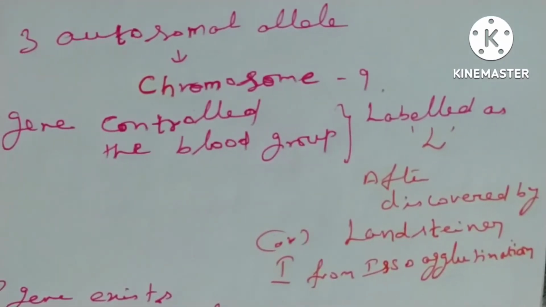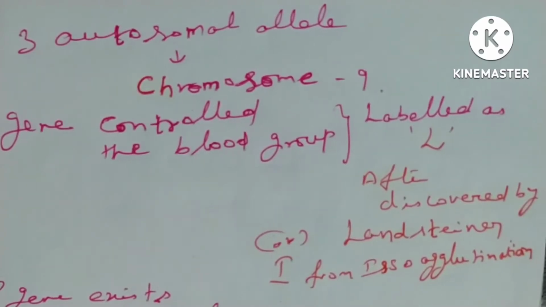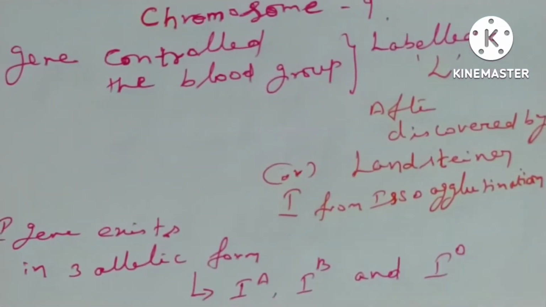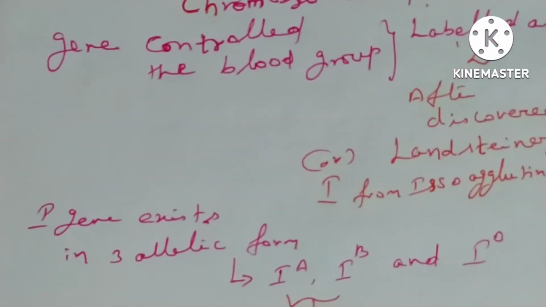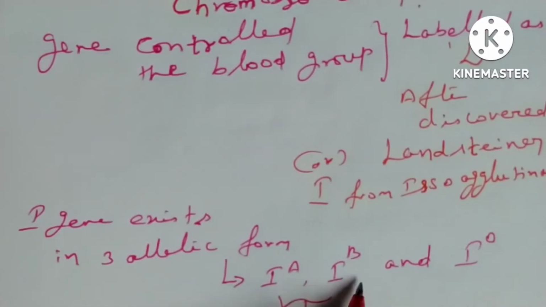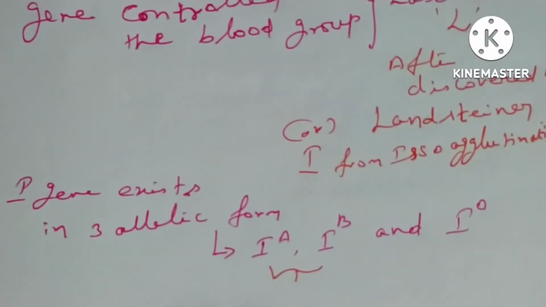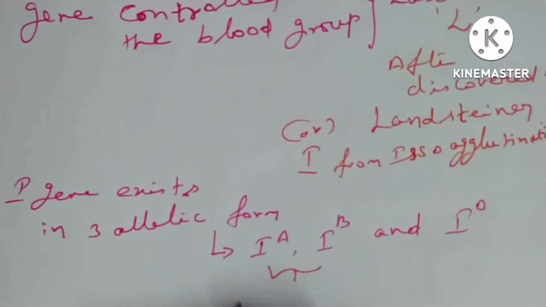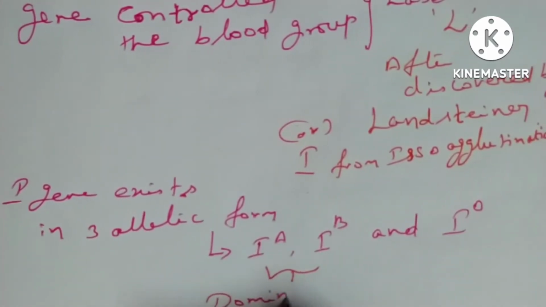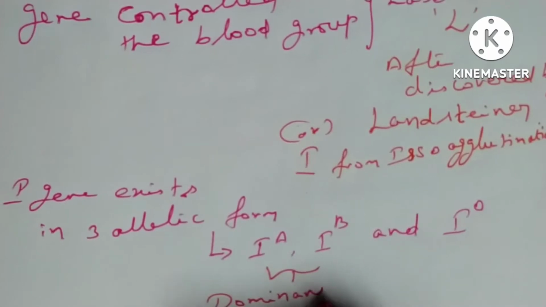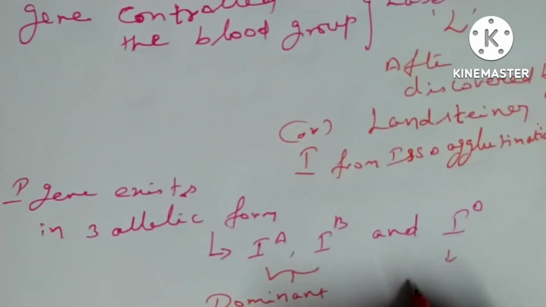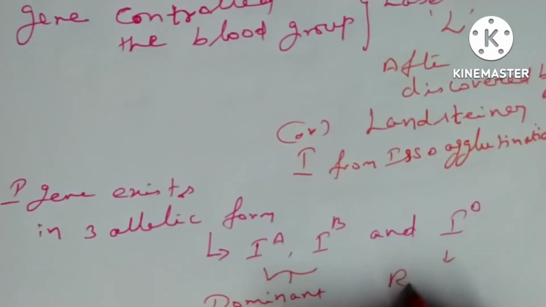IA and IB are dominant, and IO is the recessive form.